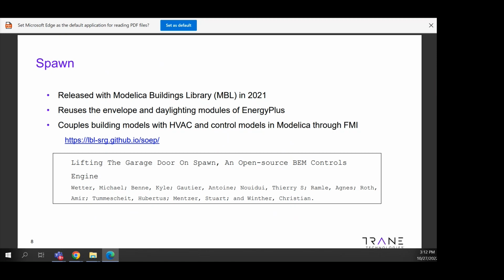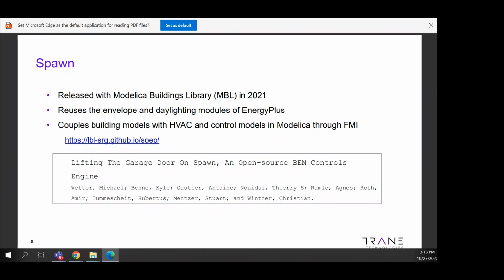So Spawn. The Spawn interface was released in the Buildings library last year, and Spawn basically uses the envelope calculations from Energy Plus and couples the building with the intrinsic components of the model.